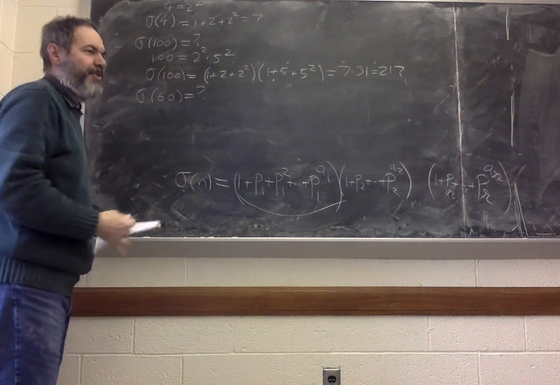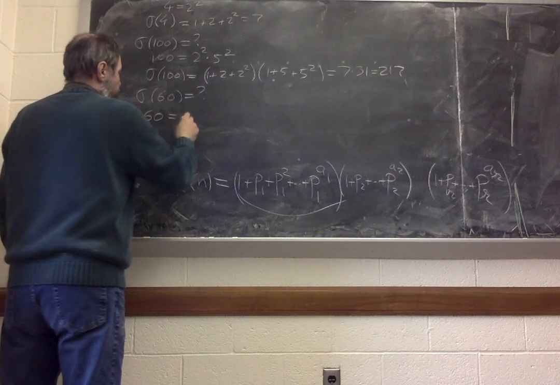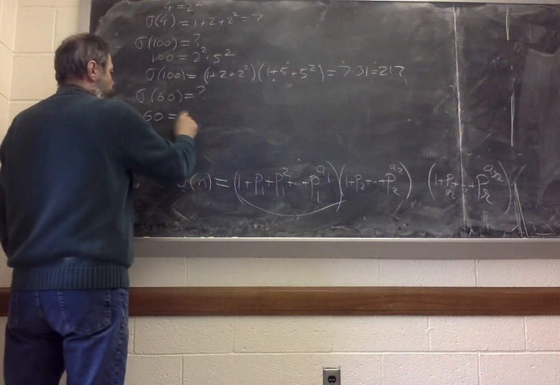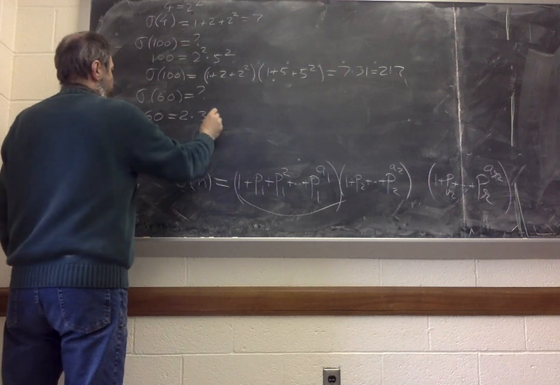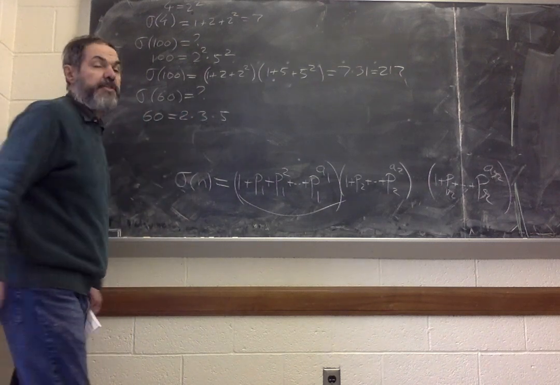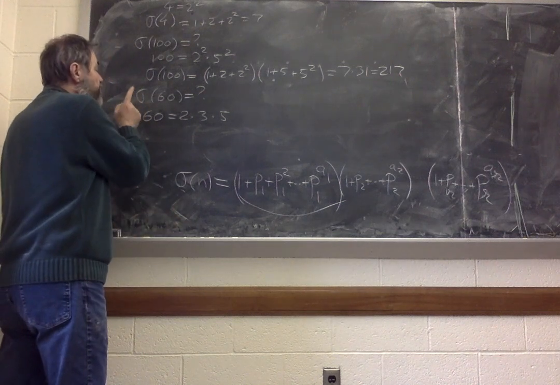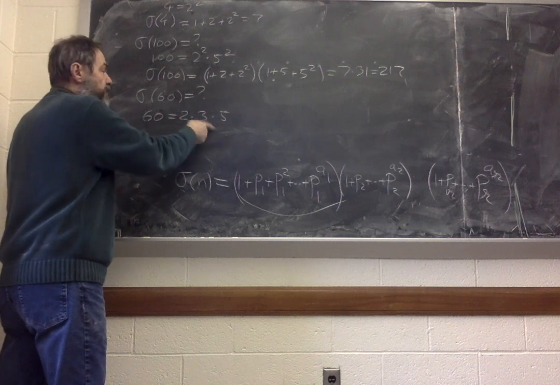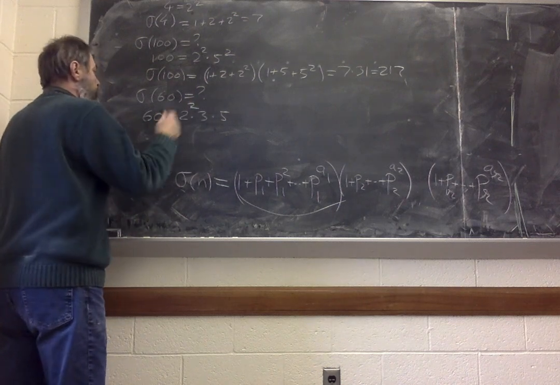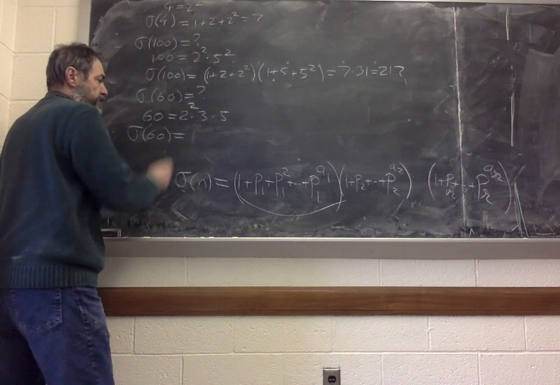I don't want to write them down, but I look at the prime factorization. 60 is 2 times 3 times 5. No, I'm wrong. 2 times 3 times 5 is 30, and times another 2. So it was 4 times 15, 4 times this. So 2 squared times this. Good.